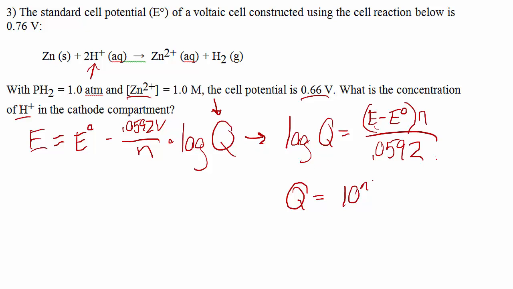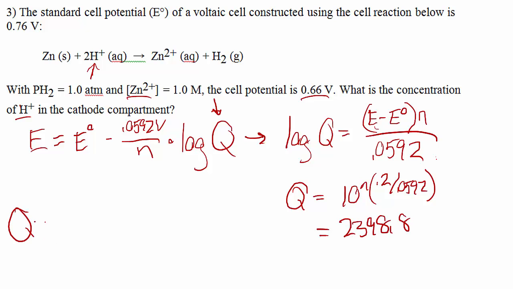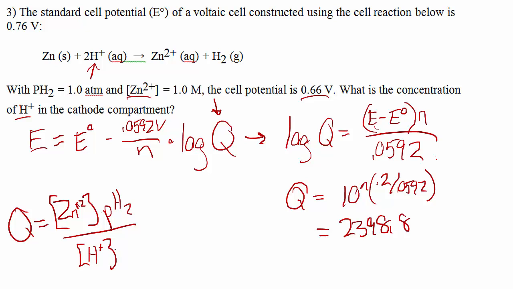When we plug in the numbers, I think it's 0.2 over 0.0592 as the expression, and we get Q equals 2398.8. So that's our Q. What is our expression for Q? It's the products, Zn plus 2 concentration, times the pressure of H2, all over the concentration of H plus, squared, because of that 2 right there.